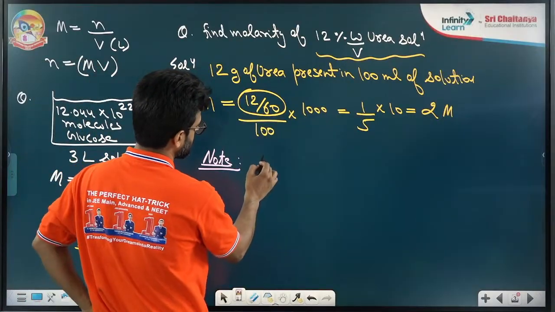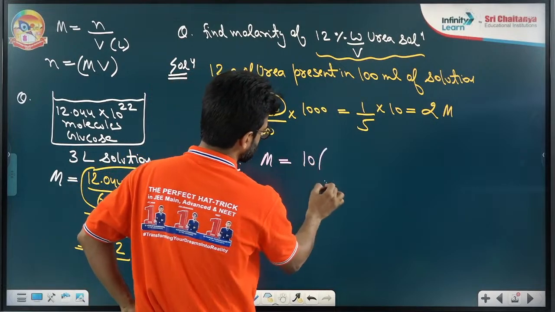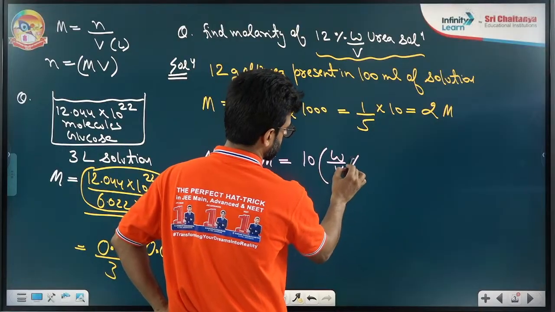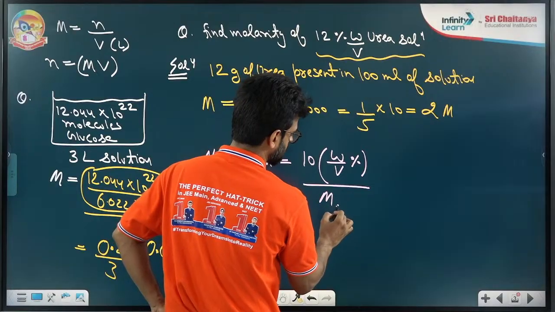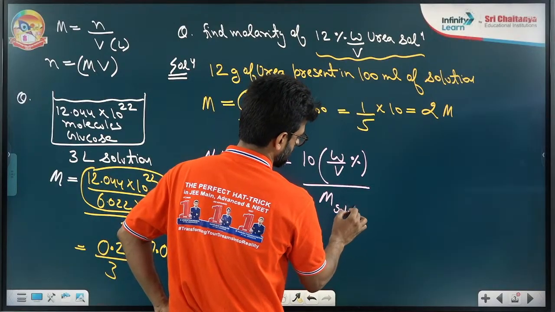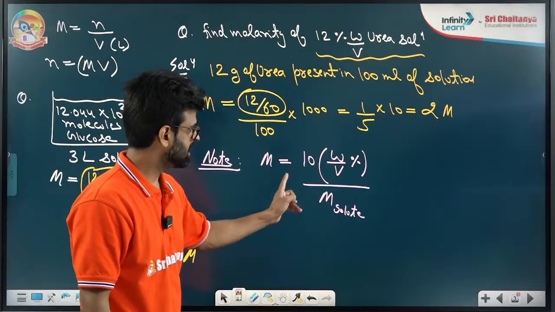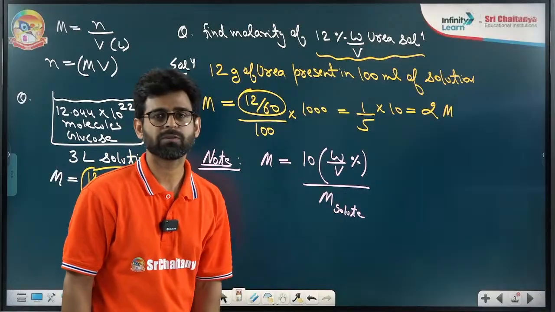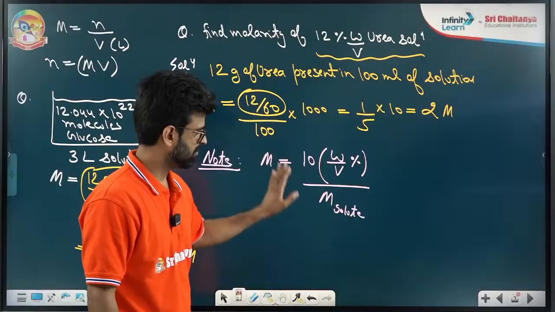Okay, now the shortcut: molarity is equals to 10 into weight by volume percentage divided by molar mass of solute. Molarity is 10 into weight by volume percentage divided by molar mass of solute. Okay, it is a short formula, you can say.